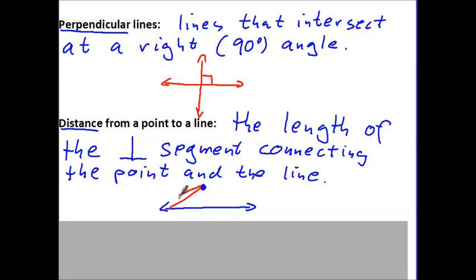Or we could even go further than that. That doesn't make any sense. We want to know the closest, the shortest distance like this, and that just happens to be a perpendicular segment. The segment that connects a point and a line the shortest way is always a perpendicular segment. And that's why perpendicular is such an important concept, and we're going to look into it in this unit.